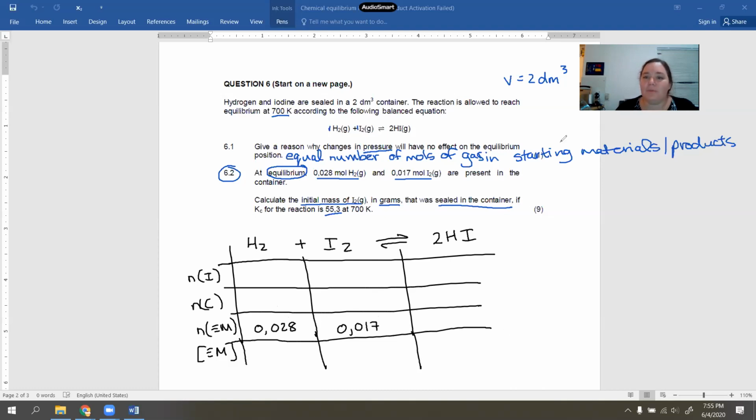Okay, so I'm going to start by using my volume here. This is just what I'm doing. You can do these in any order, it's allowed. So I'm going to say 0.028 divided by 2. I'm going from there to there. Remember, C is equal to n over V, so I'm taking my number of moles and dividing by my volume.